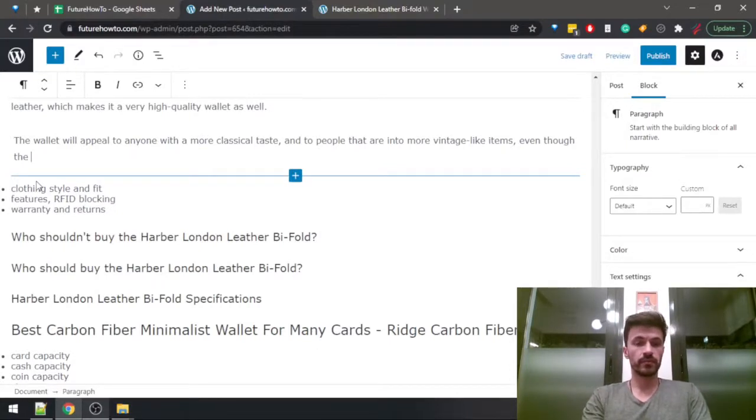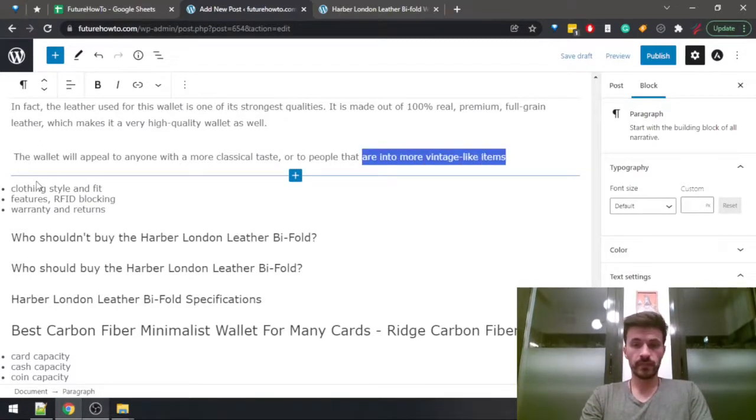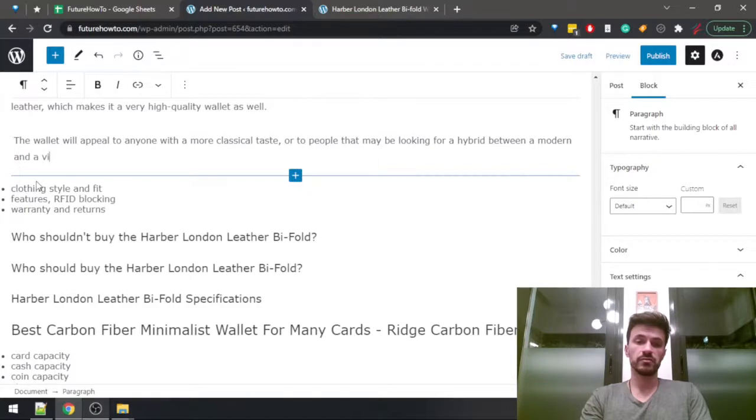Even though the wallet may appeal to people that may be looking for a hybrid between modern and a vintage item.